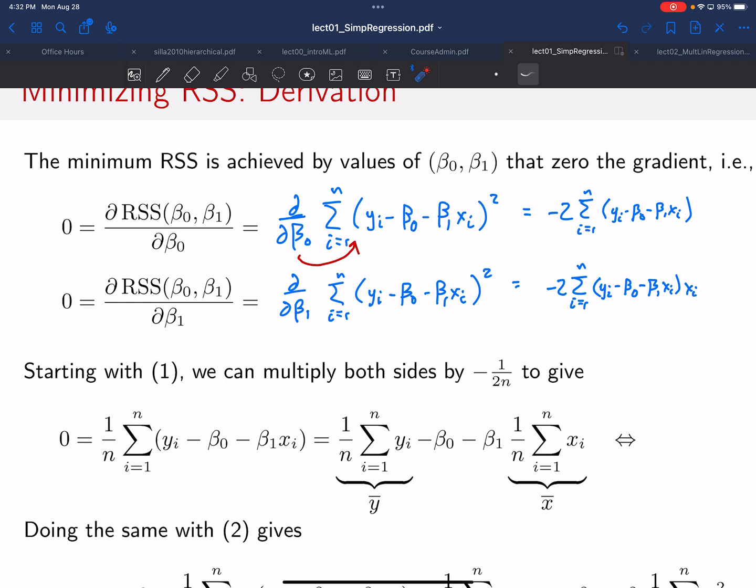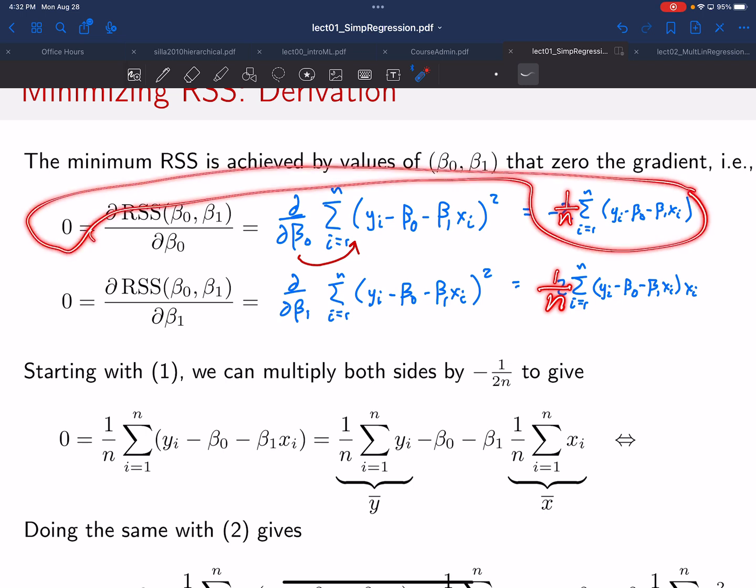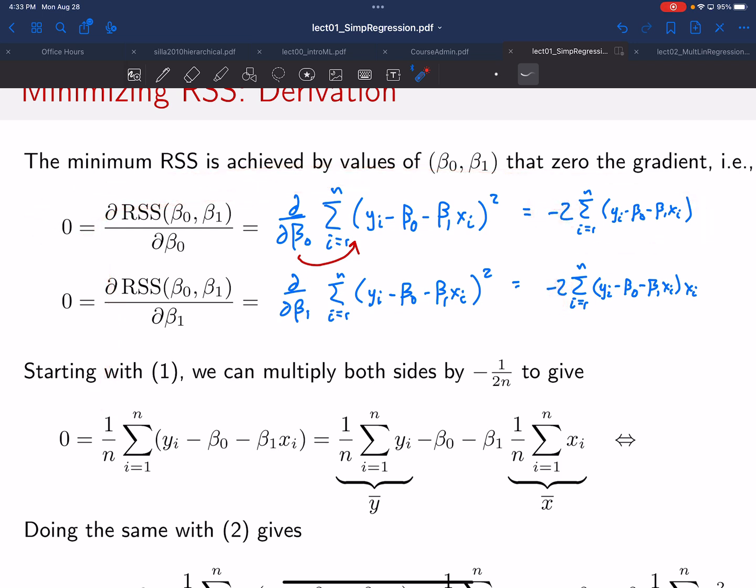We're doing it to both sides, so 0 multiplied by that stays the same. So if we look at the first case, I'm just writing that down here. This is essentially where we're starting.